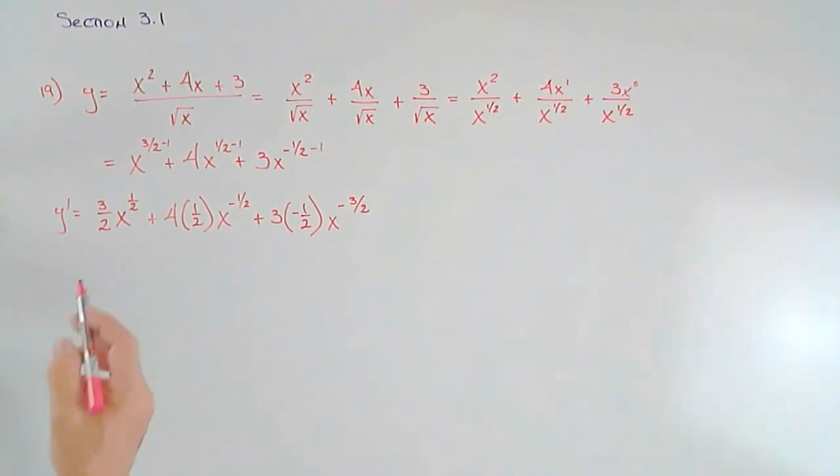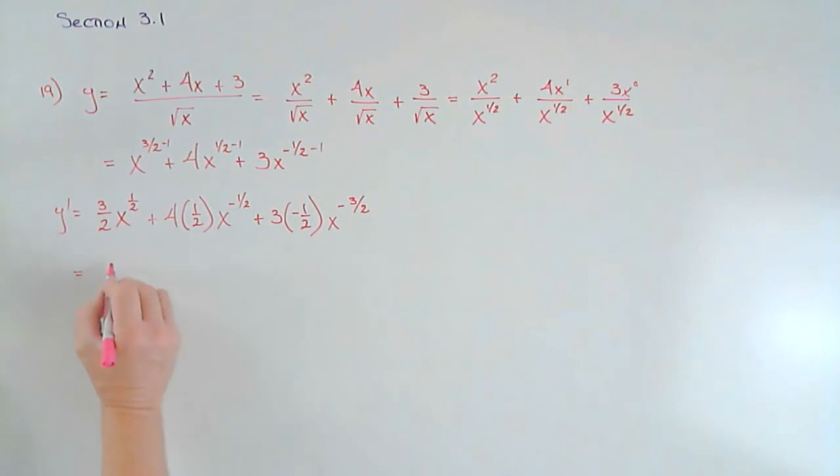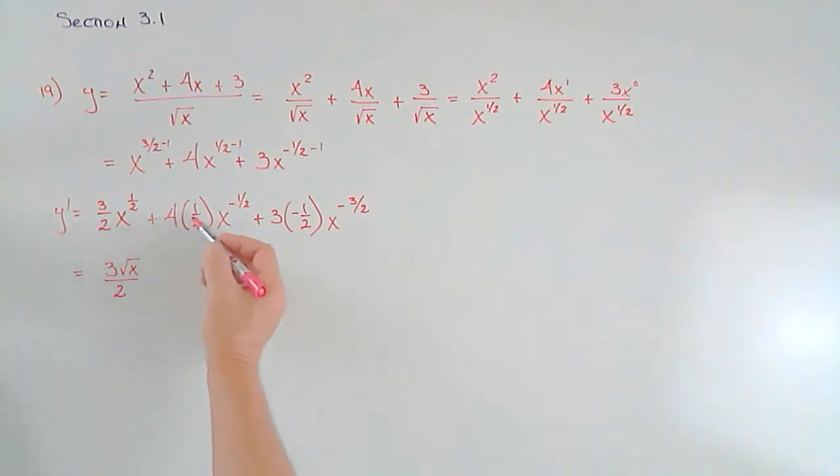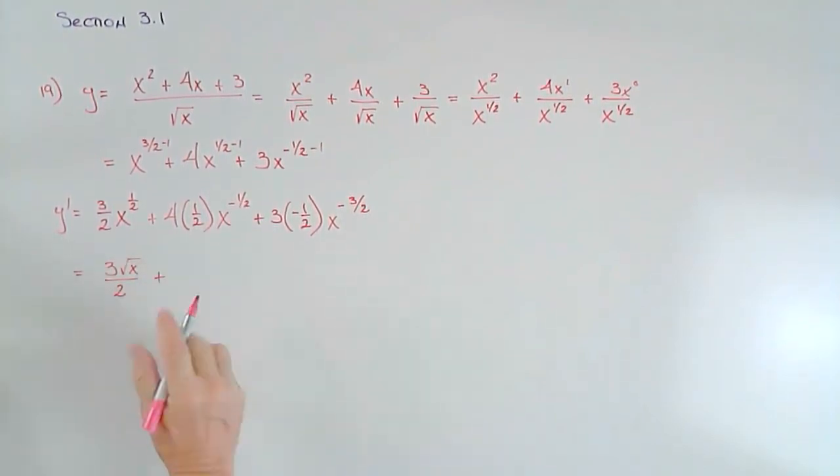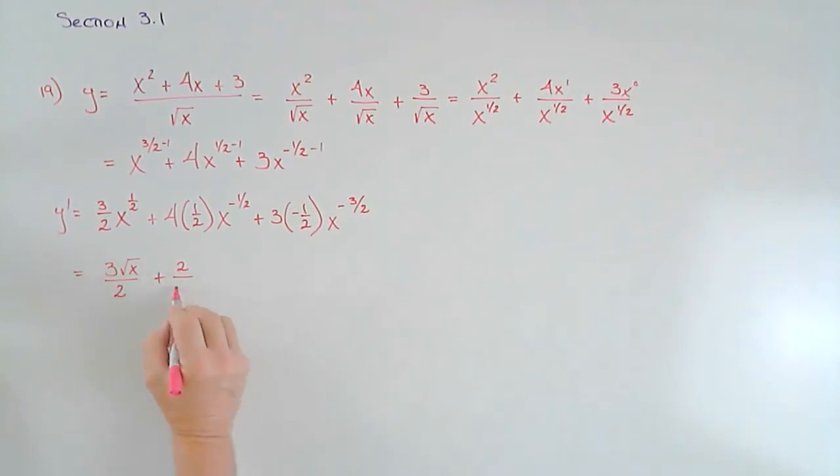Now, what does this look like? If we write this out and simplify, this is a positive exponent, so that's 3 root x over 2. 1/2 times 4 is 2. But that's a negative exponent, so that's going to be 2 divided by the square root of x.